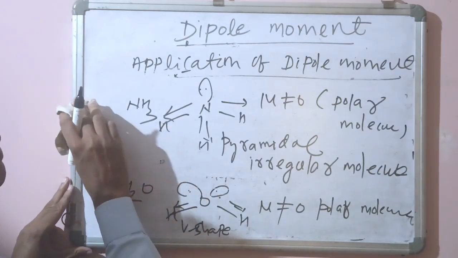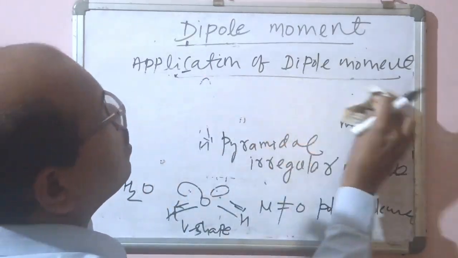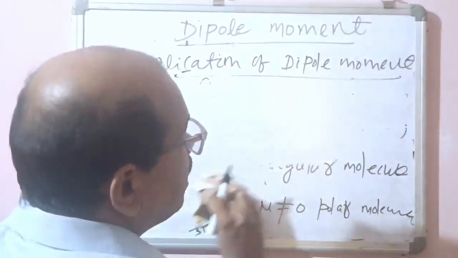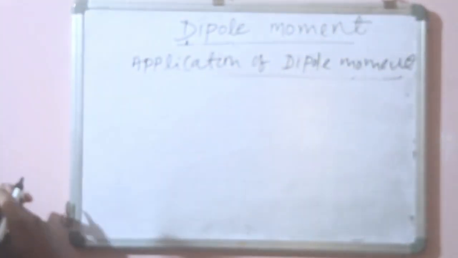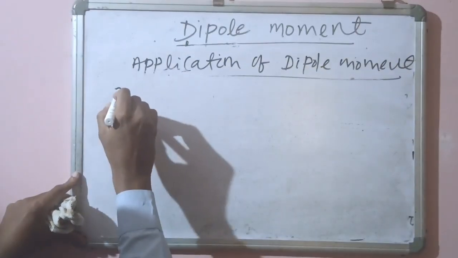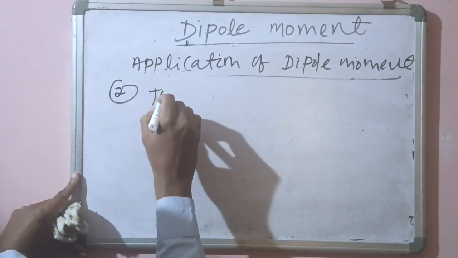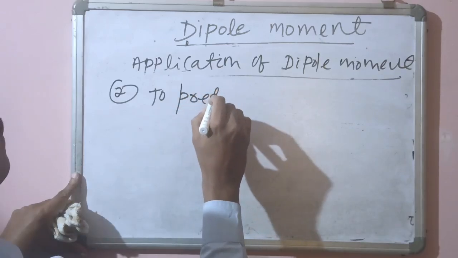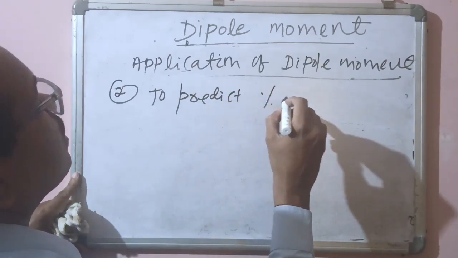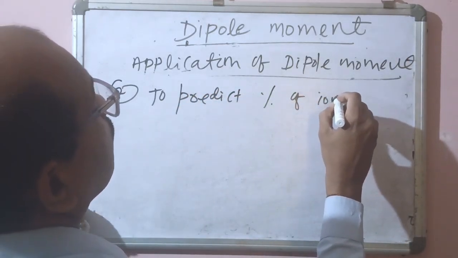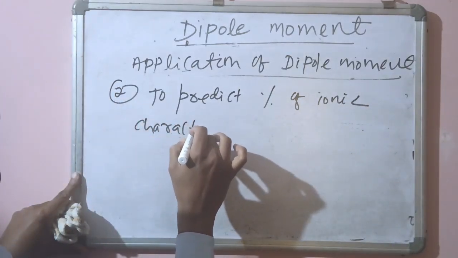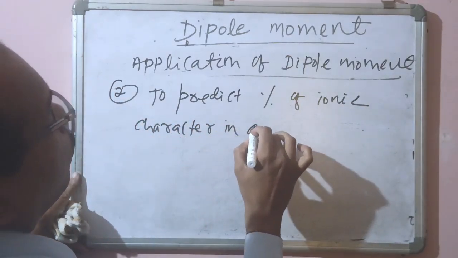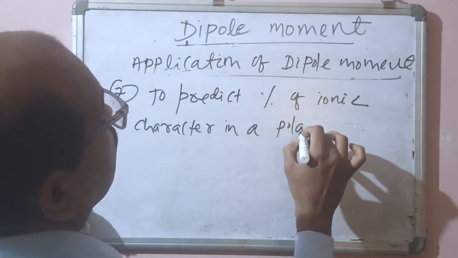And the second application is to determine the percentage of ionic character in a polar covalent bond.